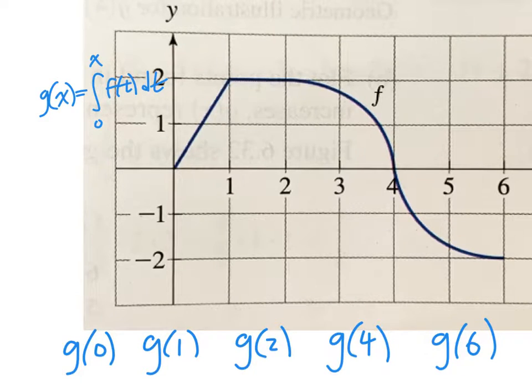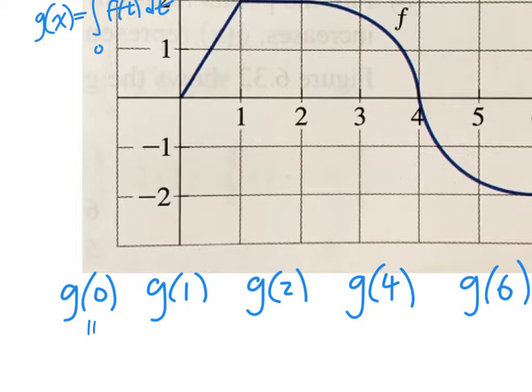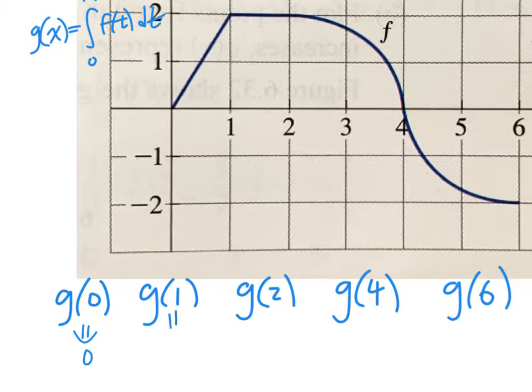Let's start with Kevin. What is g of 0? 0. Okay, g of 0 is 0. Wendell, what is g of 1? 1. Jessica, g of 2?